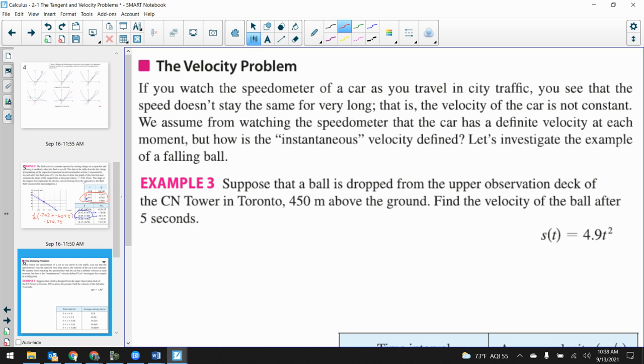So take, for example, if you watch the speedometer of a car, you're driving on 77 and you're watching your speed, maybe it goes a little bit too fast. You're watching the speedometer as you travel in city traffic or on the highway. You see that the speed doesn't stay the same for very long. As soon as you let off the accelerator, the speed goes down. As soon as you get back on the accelerator, the speed goes up.